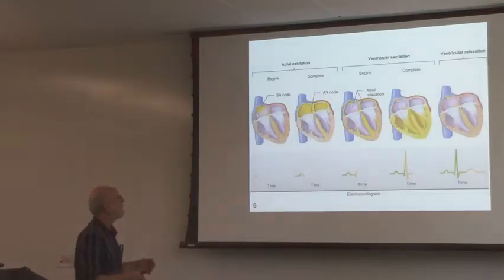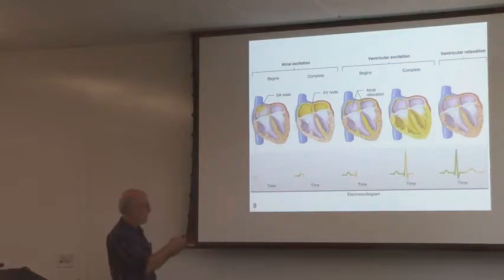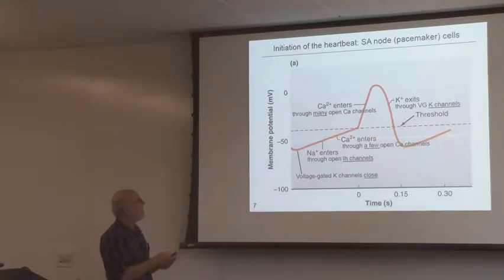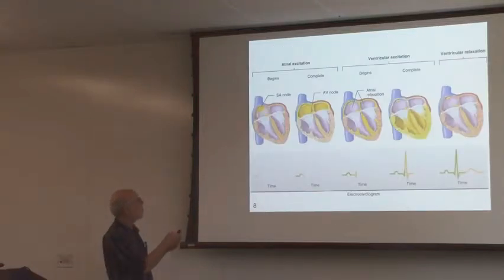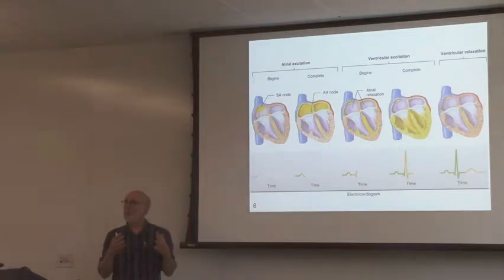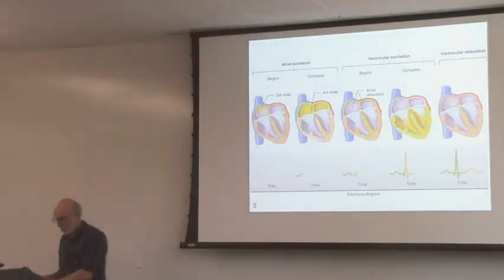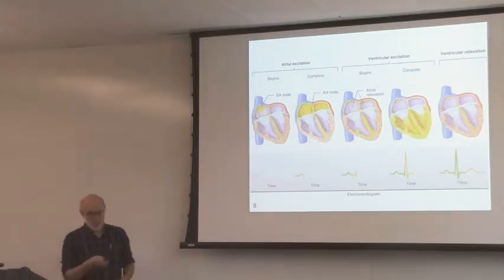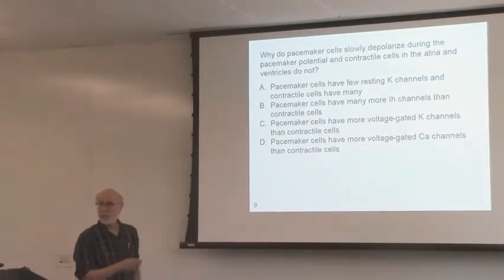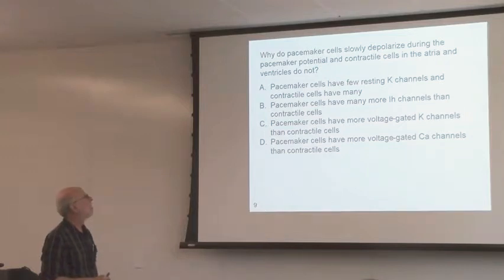Basically, it's getting back to, we have pacemaker cells that fire an action potential that looks like this, and then we have that spread, but those cells stay negative until they get the stimulus from their neighbors. Okay, so show me your answers.